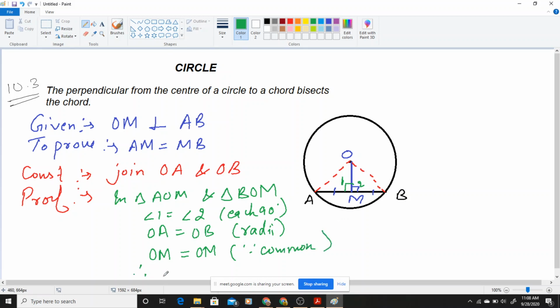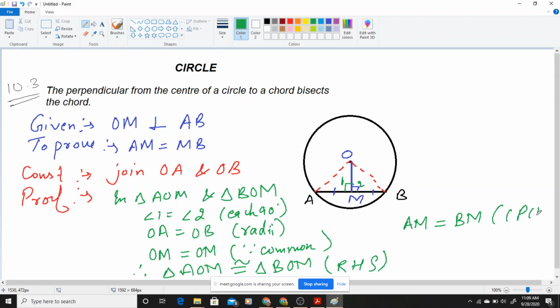So therefore triangle AOM is congruent to triangle BOM by using the RHS property, right angle, hypotenuse and side. And if these two triangles are congruent, अगर ये दोनों triangle congruent हैं, I can easily write that AM is equal to BM by using CPCT, and this is what we have to prove.